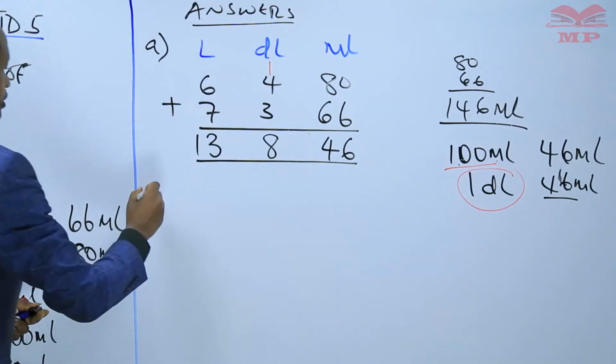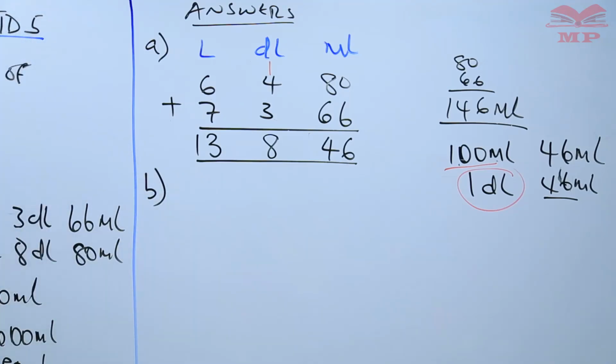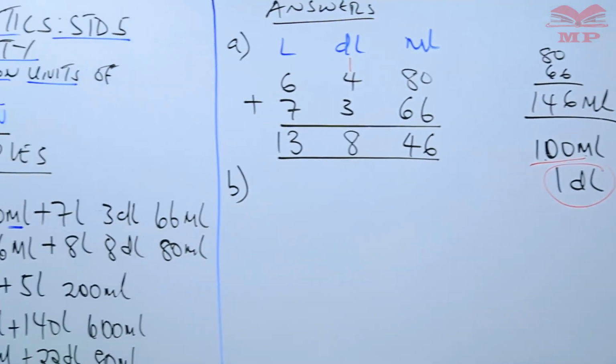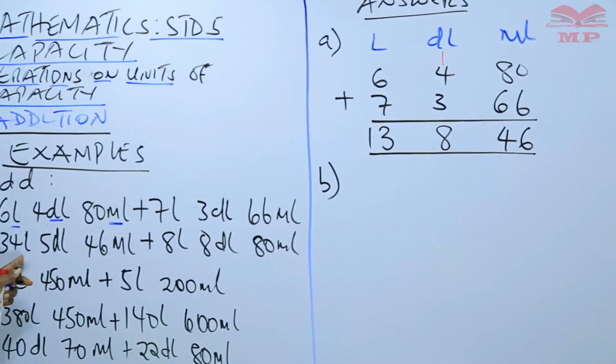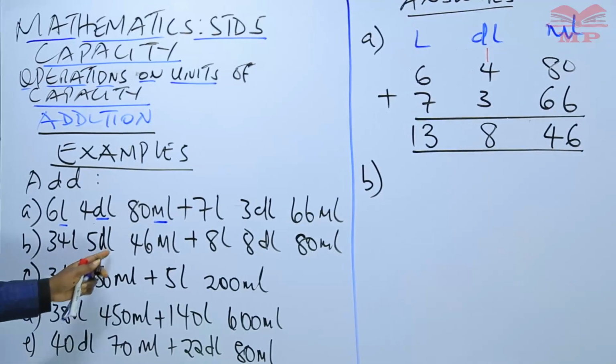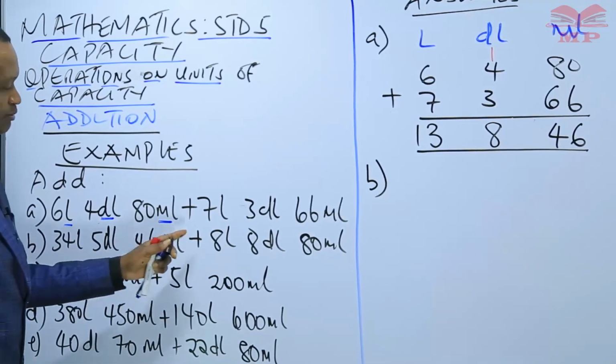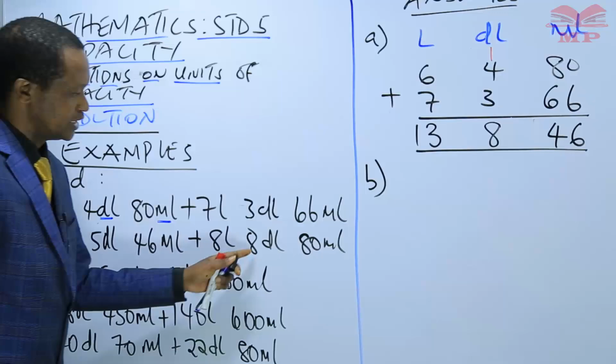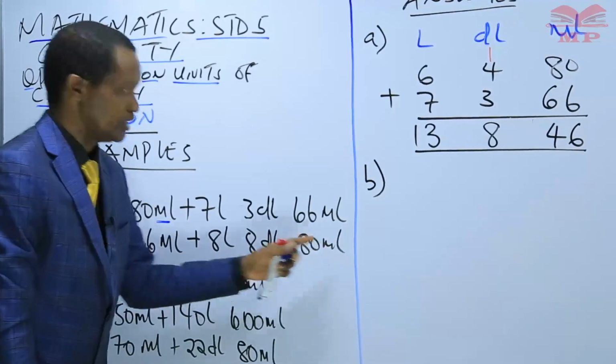Then B, we are adding 34 liters, 5 deciliters and 46 milliliters plus 8 liters, 8 deciliters and 80 milliliters.